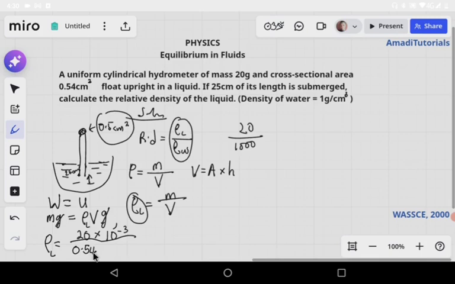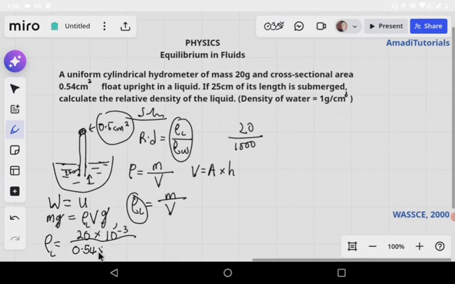0.54 cm. That cm, we have to convert it to meter, because we have converted the mass to the standard unit in physics, which is kilogram. So the area we have to convert it to the standard unit in physics, which is meter. So this will be 0.5 cm.